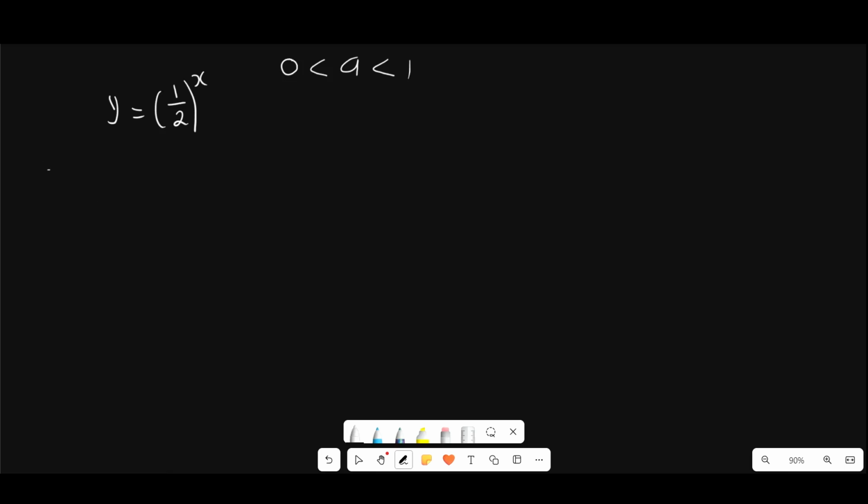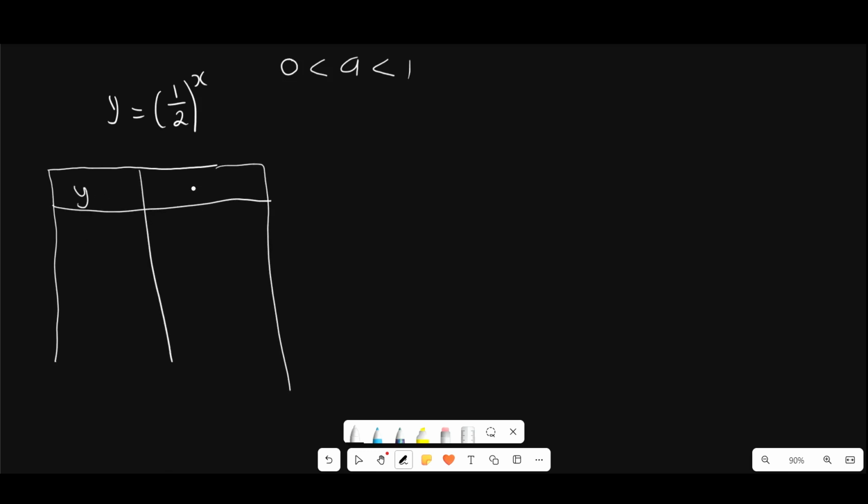Again, you're going to do the same thing. Draw the box. I'll have my y values and then my x values, and then 0, 1, 2, 3, 4.